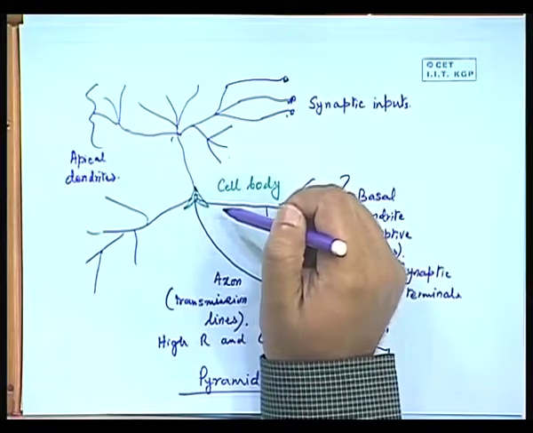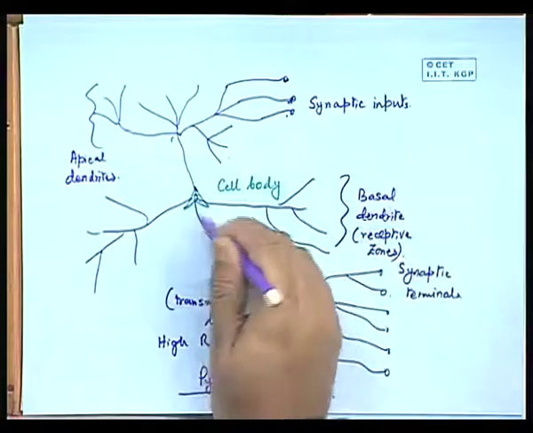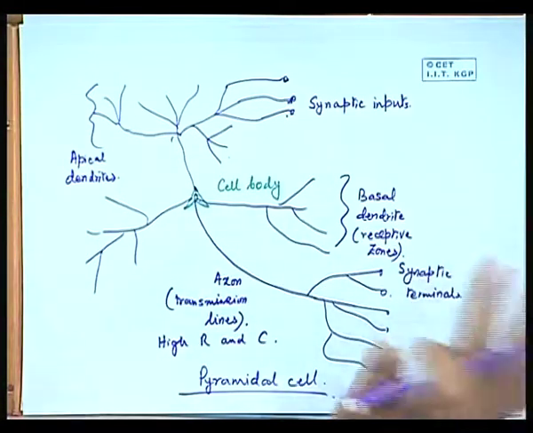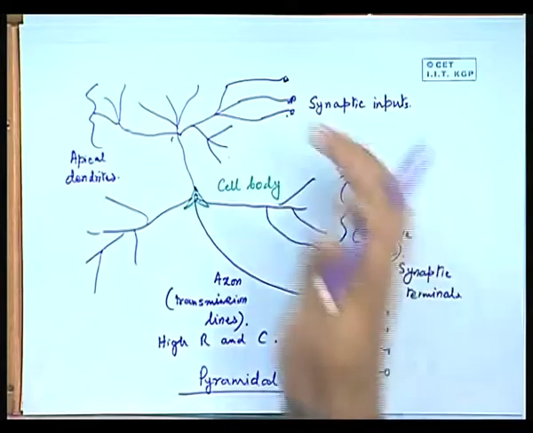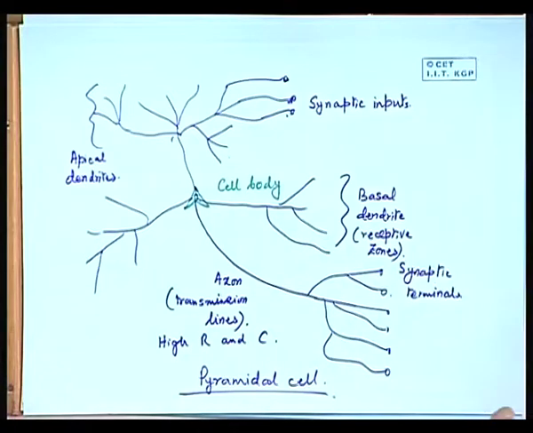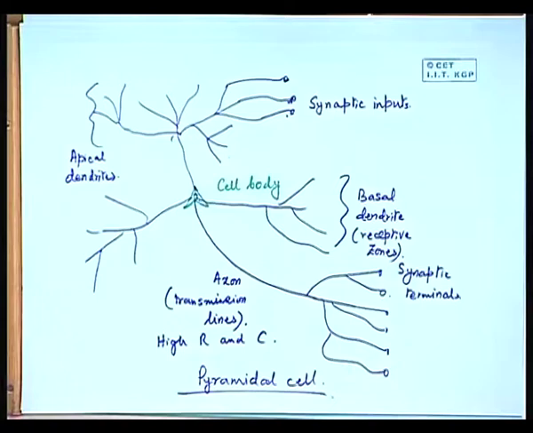That will ultimately decide what the response is going to be, and the response will be transmitted through the synaptic terminals to the other neurons. So, it has a set of inputs, and it is also connected to a set of outputs, because ultimately this is one pyramidal cell within a very large, massively parallel network of neurons.